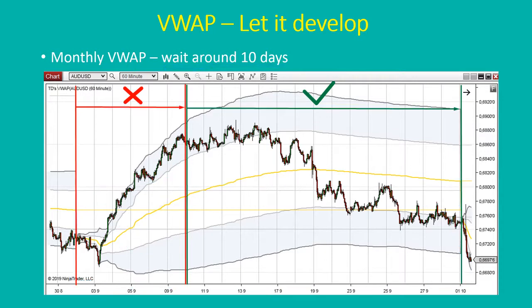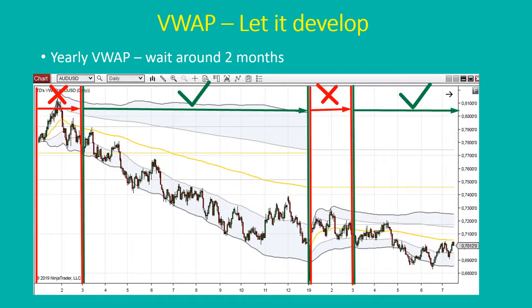Now the last example on this is a yearly VWAP. With a yearly VWAP, you wait around 2 months before it develops and you can start trading with it. So January, February, you don't trade with VWAP.